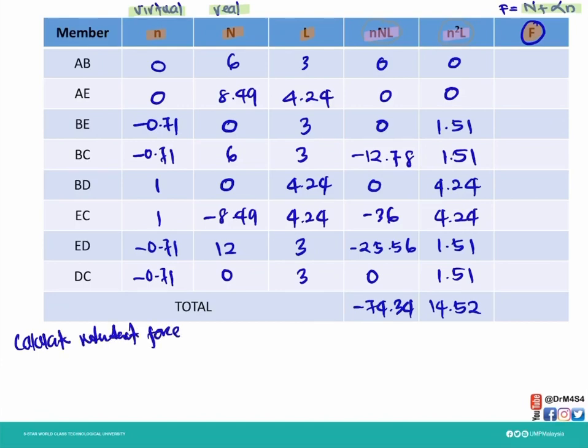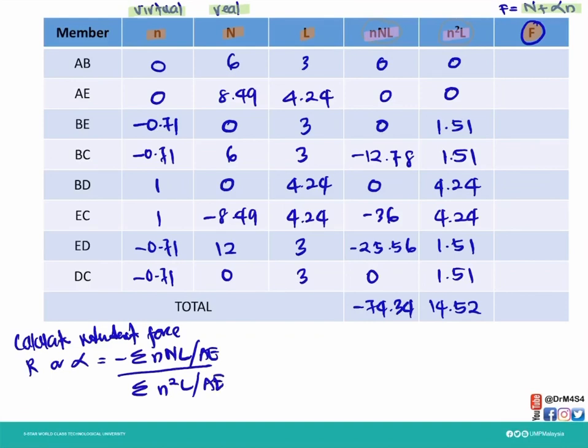Redundant force, which is R or alpha, equal to negative summation n capital N L divided by AE divided by summation n power of 2 times by L divided by AE.